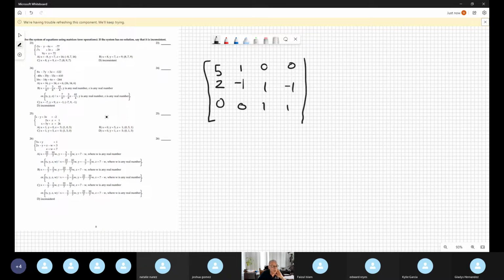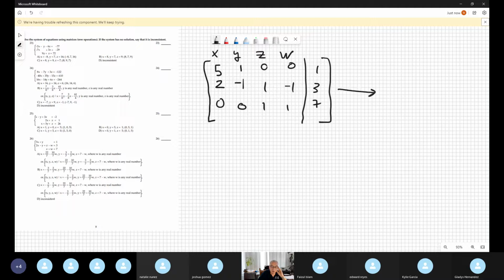Because this problem contains 4 variables. This is X, this is Y, this is Z, this is W. In the right-hand side, we have 1, 3, 7. Okay.